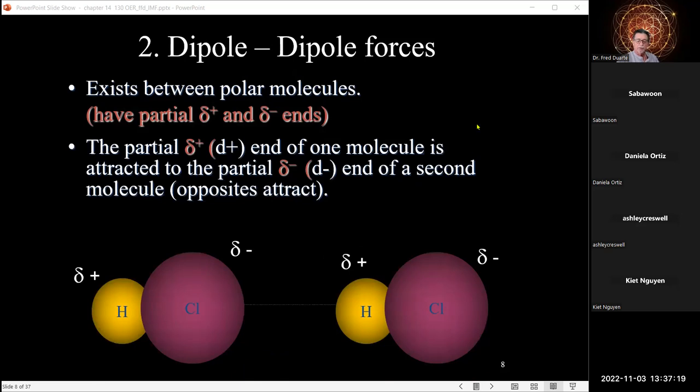Okay. And so we use the example here of hydrochloric acid, or HCl, where the chlorine is a lot more electronegative. This is a polar covalent bond.